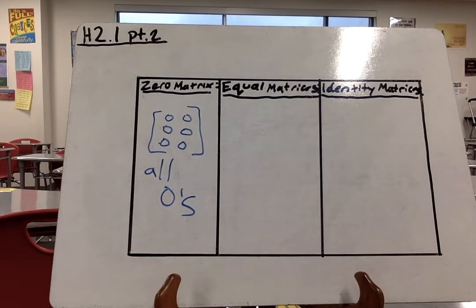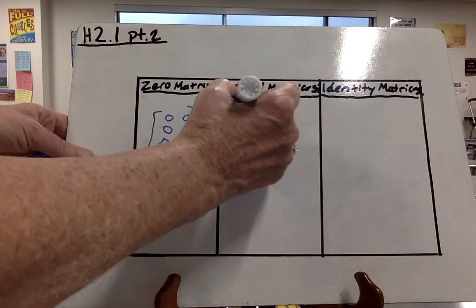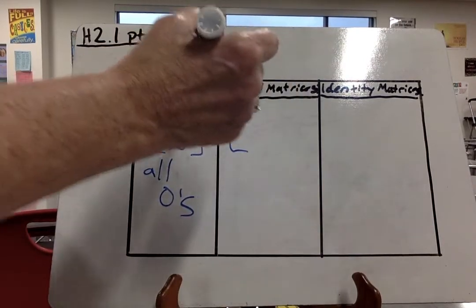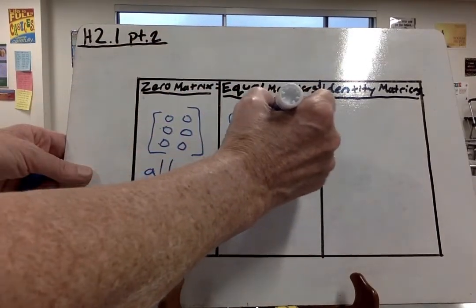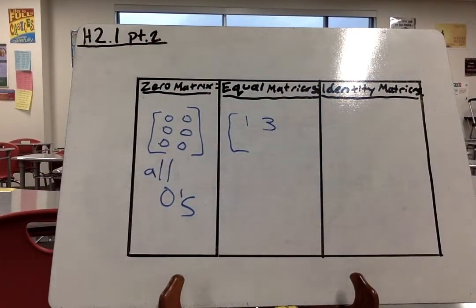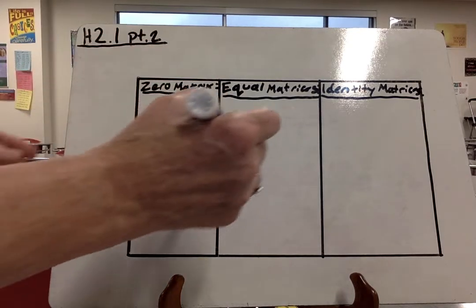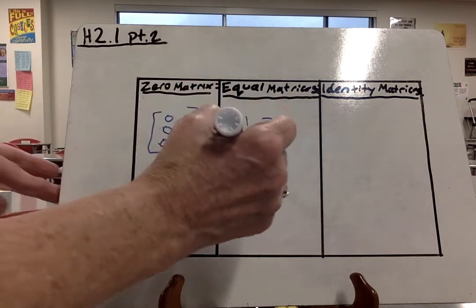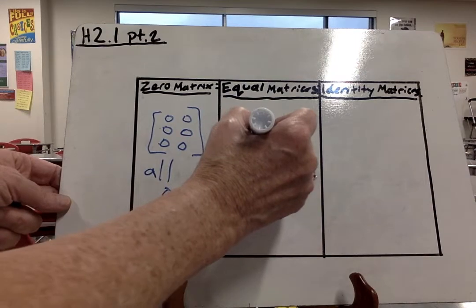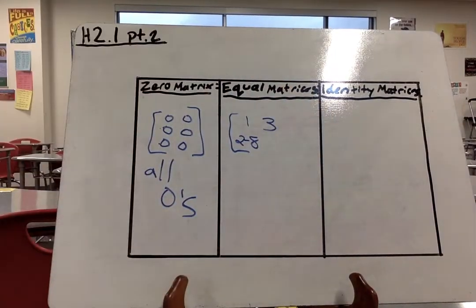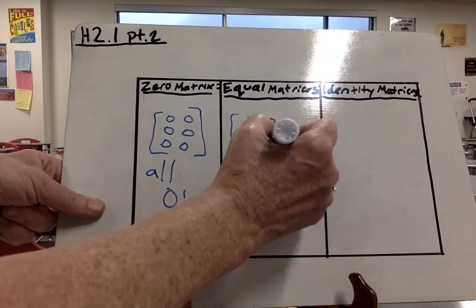Equal matrices are 2 matrices that have the same elements in them. That's 2 minus 8, and then 5 minus 2.